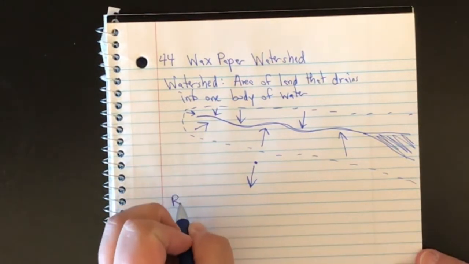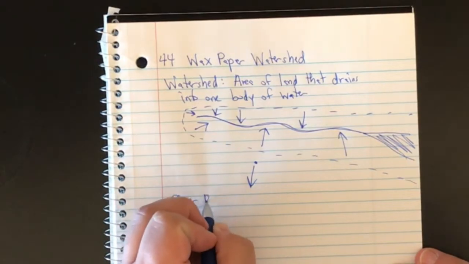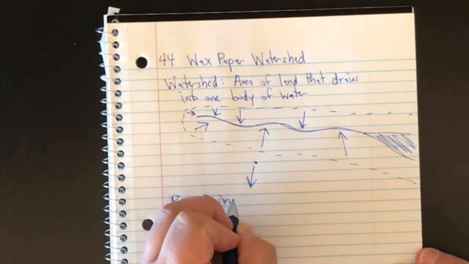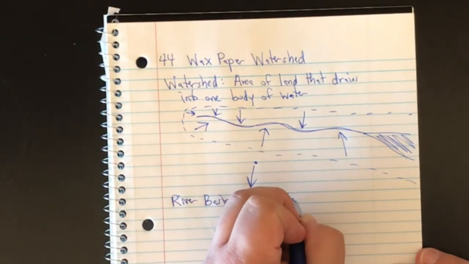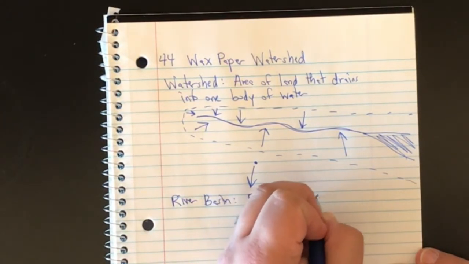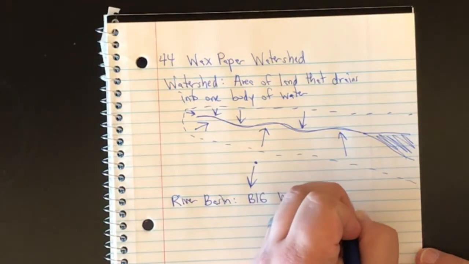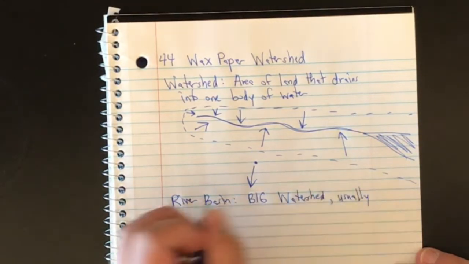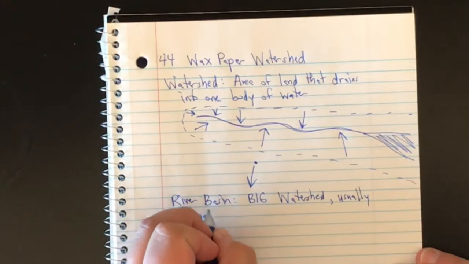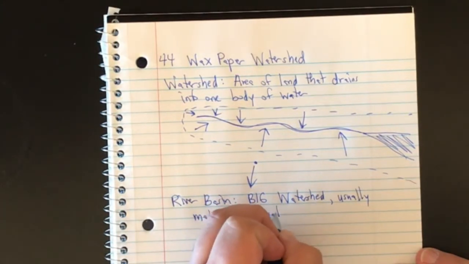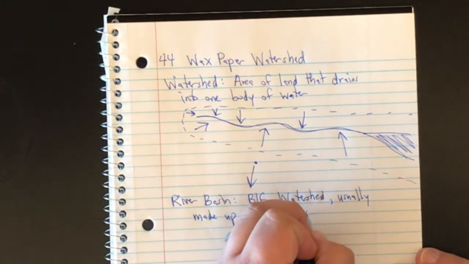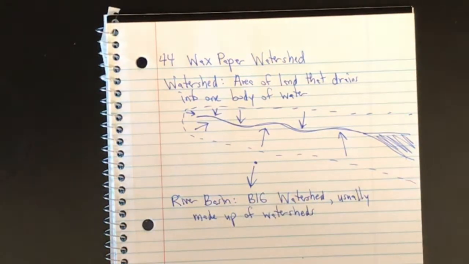Now, a river basin is just a big watershed. And it's usually made up of lots of smaller watersheds.